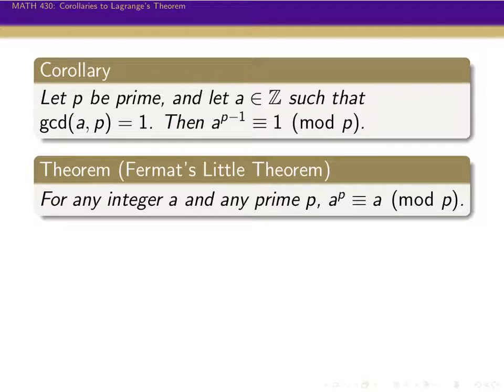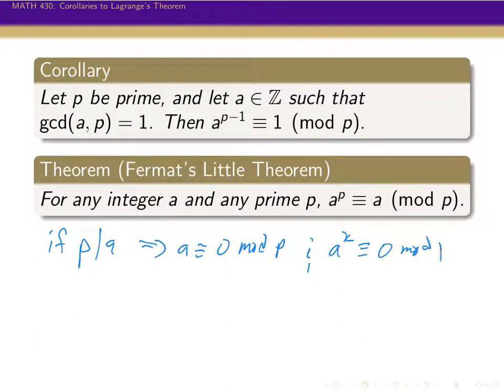And so the idea of this is, if p divides a, then a is congruent to 0 mod p, and a to any power is still going to be congruent to 0 mod p.